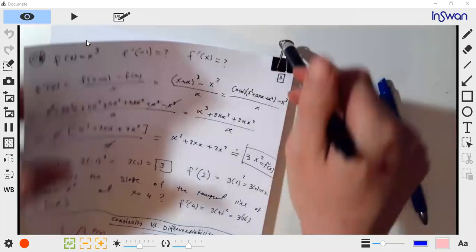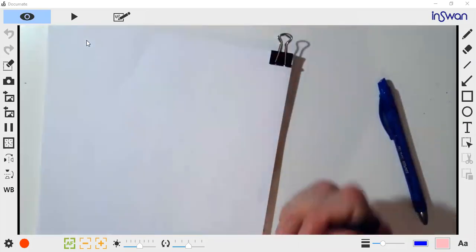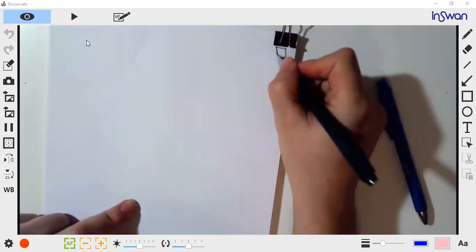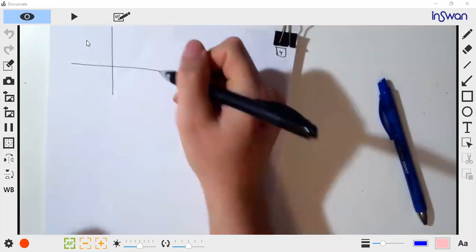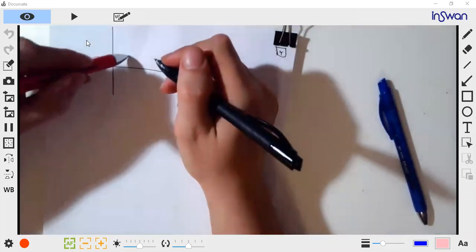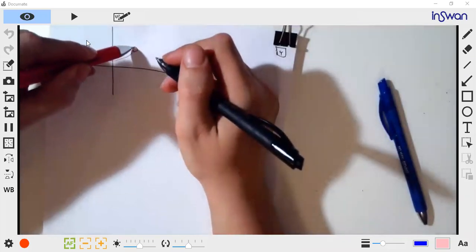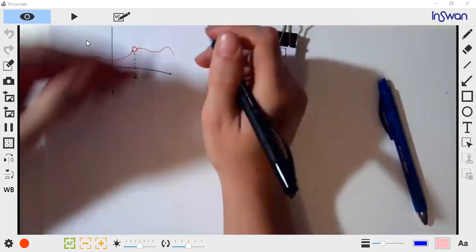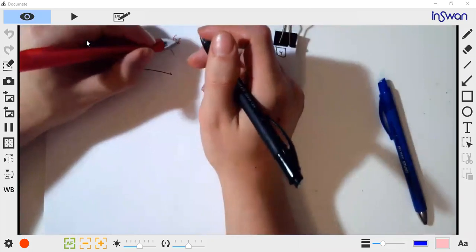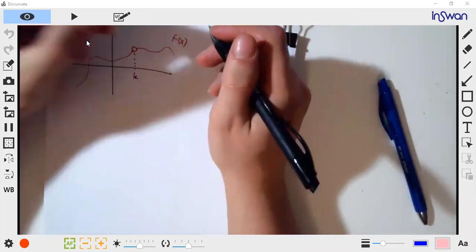Let's continue to peruse some more examples here. What about a type of function like so? Let's say we got something like this going on here. This is our function f of x in red.